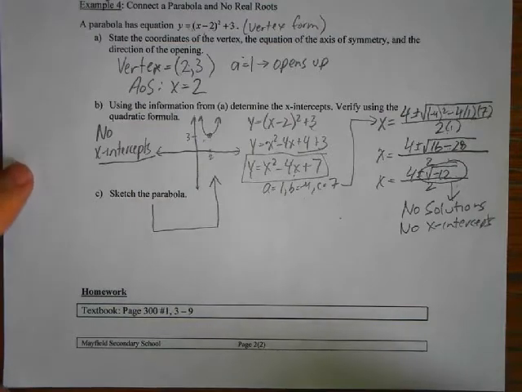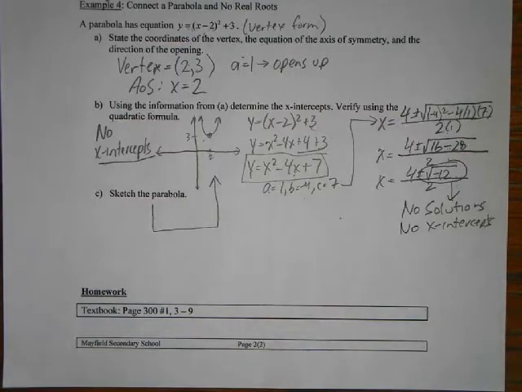And the bottom line is we just want to be able to see that you know how to use both methods. So I may ask one or two questions on the test. Use solve by factoring for this. But you can use any method you want unless I directly tell you which method to use.